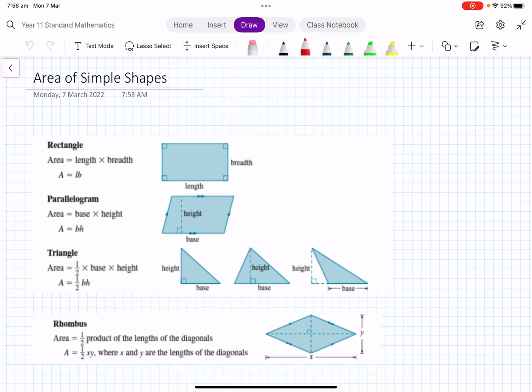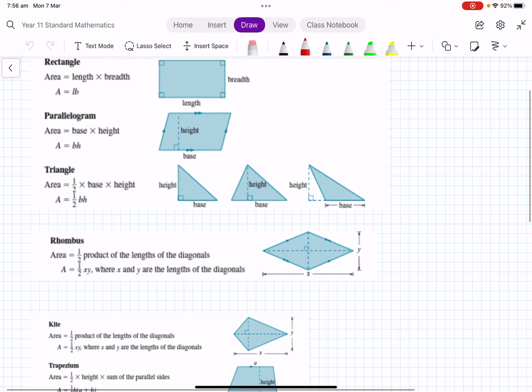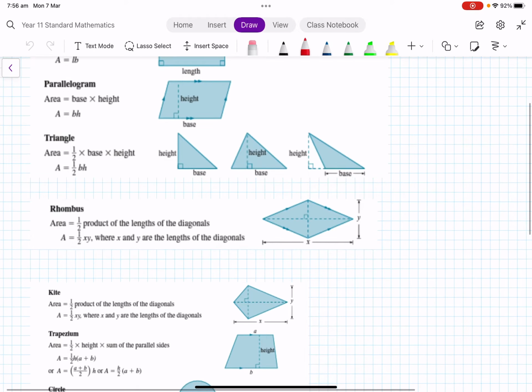The key with measurement is to make sure that you relate things together. I'll give you an example. A rhombus is half times the product of the diagonals. Well, a kite is not a type of rhombus, but a rhombus is a type of kite, as in the diagonals bisect and you have two pairs of equal sides that are adjacent to each other.